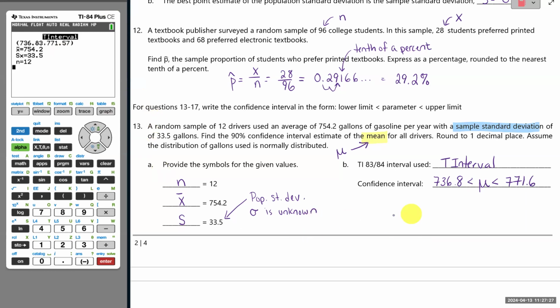All right, so I don't have a sentence here written, but I'm just going to speak it. So we would say based on the sample of 12 drivers, we are 90% confident that the true mean for all drivers is somewhere between 736.8 gallons and 771.6 gallons. All right, and that ends page 2.